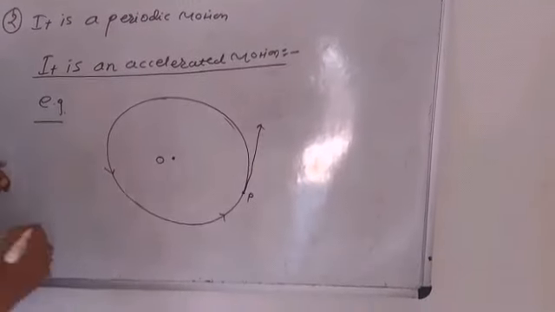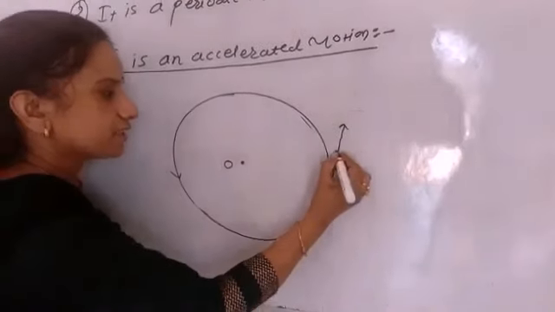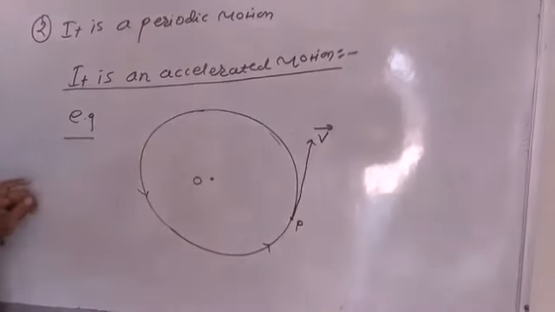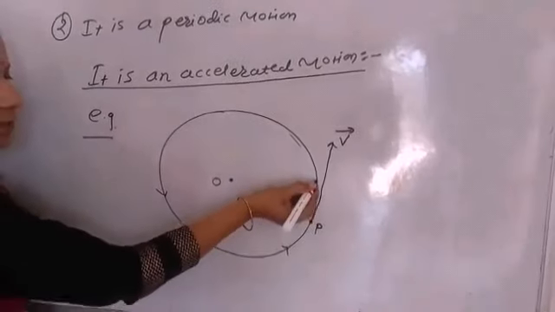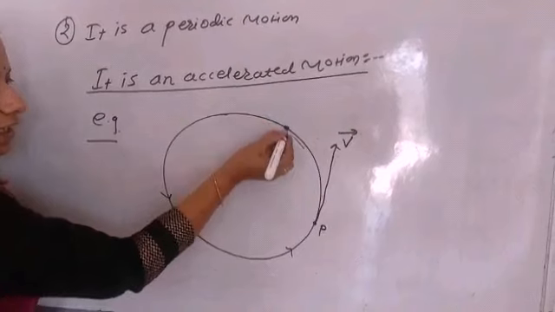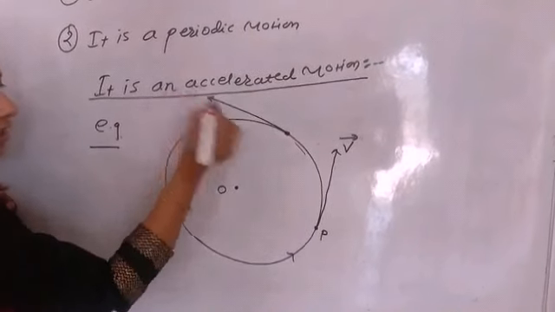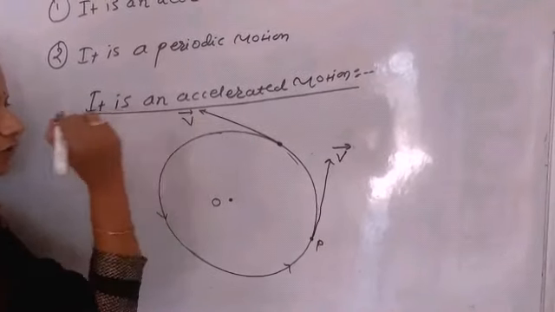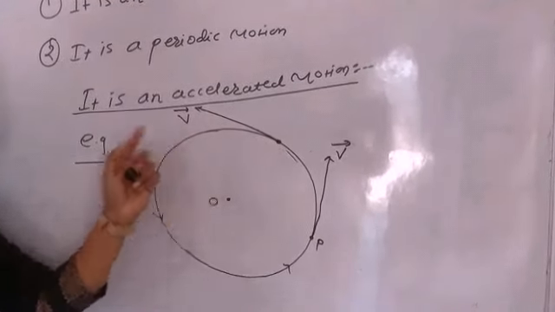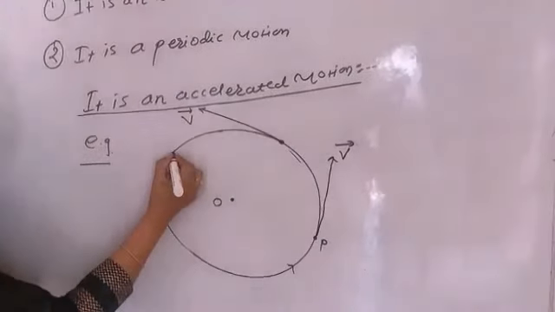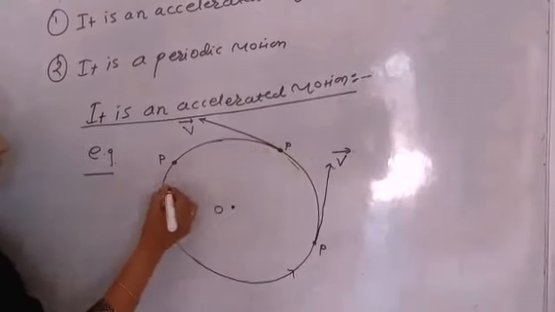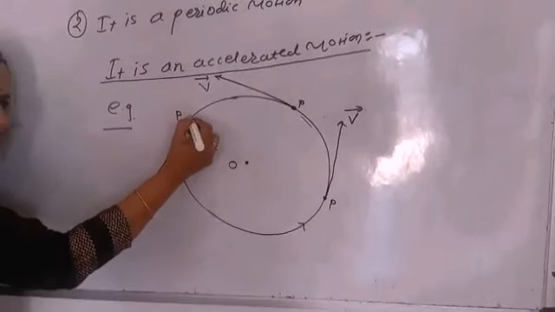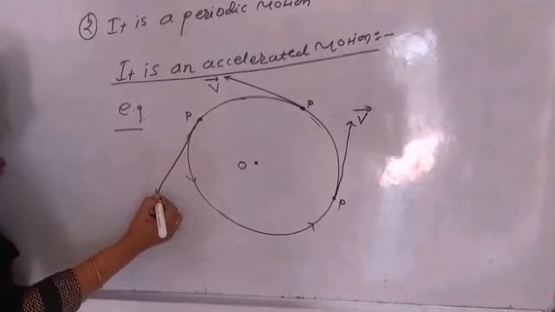If this direction changes like this, the direction of velocity is like this. Now, if this particle is moving here, its direction is tangential to the surface, and the direction of velocity also changes like this. Here, if this particle is moved here, the direction is like that. This is also tangential to the surface.